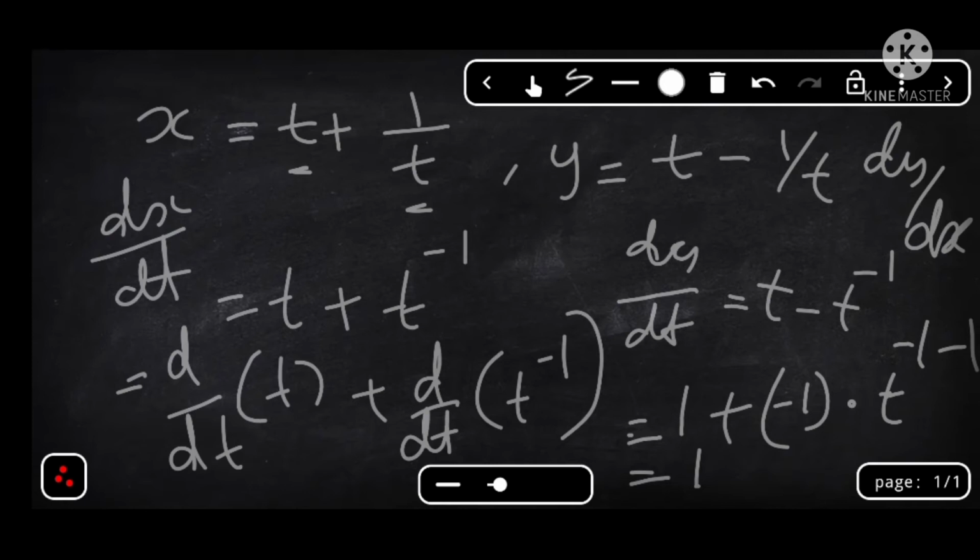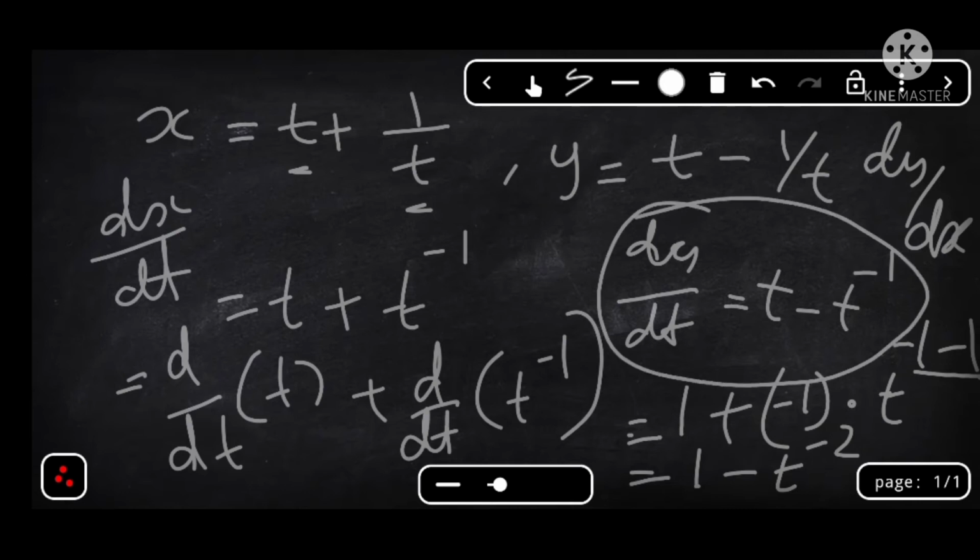So plus minus, that is minus. And 1 into t will be t itself. So t raised to minus 1 minus 1 will be minus 2. So 1 minus t raised to minus 2. I hope it is clear for you. Similarly, we are doing this part.